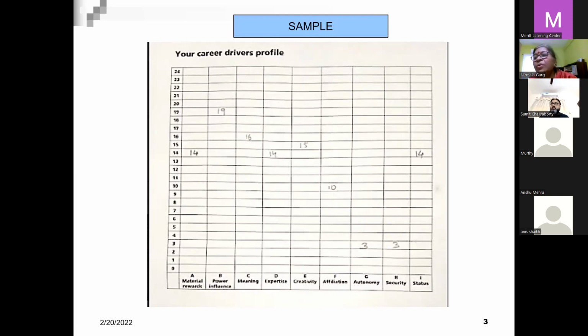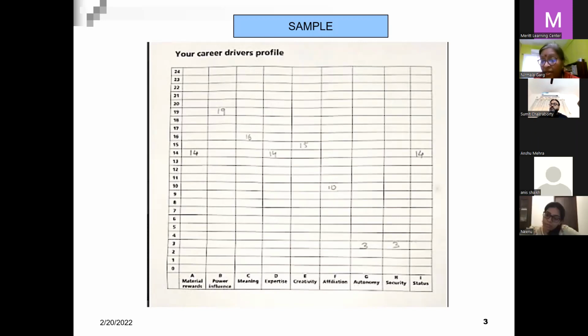In fact, let me tell you, Anish, in most organizations, a lot of work has been done on this. If you read even on the internet, Edgar Schein, this is a modified career drivers by Richmond. So what I have done as an HR head is, most of the time, asked my recruitment department to use this, whether at an entry level or at a mid level. Why? When I make them do this, I understand their career drivers.